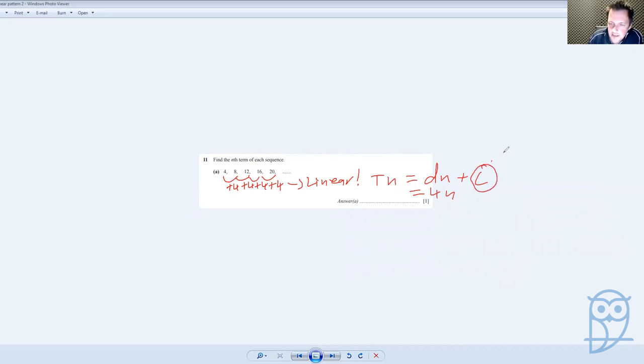My adjustment constant, T1 minus d. T1 is 4. My common difference is 4, which means it is an answer of 0. So it's 4n plus 0. And the plus 0 is irrelevant, meaning that Tn equals 4n. And that makes sense because these are the first multiples of 4. 1 times 4 is 4, 2 times 4 is 8, 3 times 4 is 12, 4 times 4 is 16, 5 times 4 is 20.